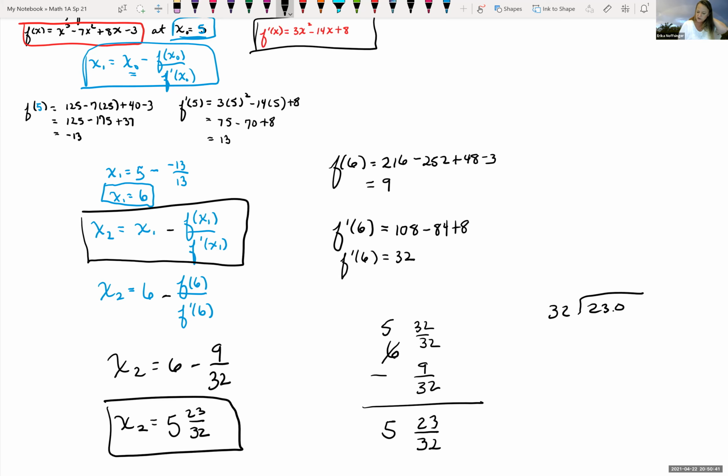So I don't know, 32 goes into 230. Try 7. So 7, that's 14, that's 22. 32 goes into 60 once. 32 goes into 280 eight times.